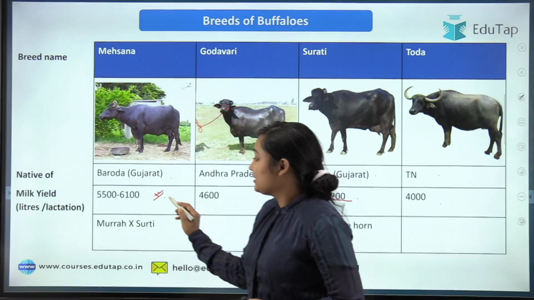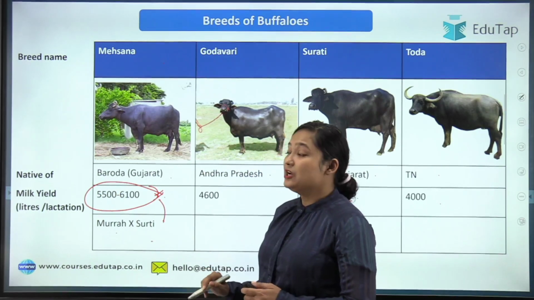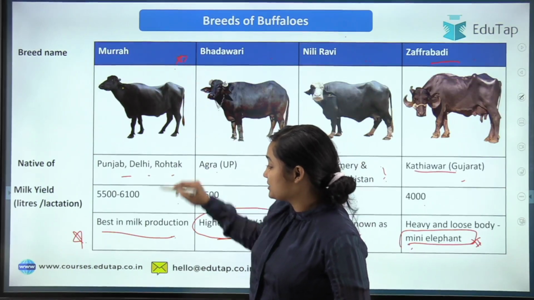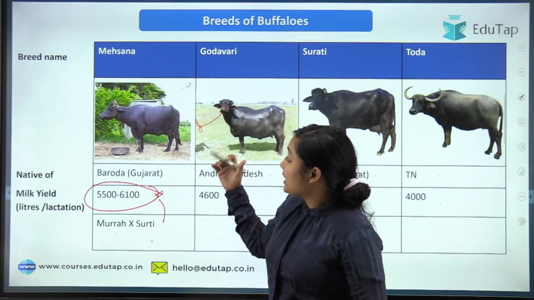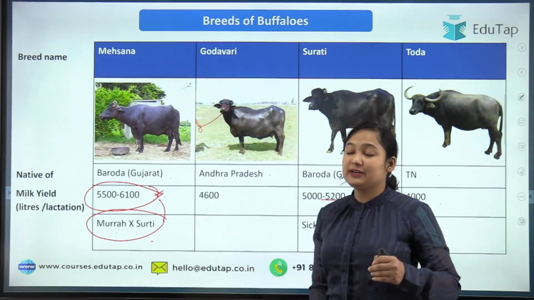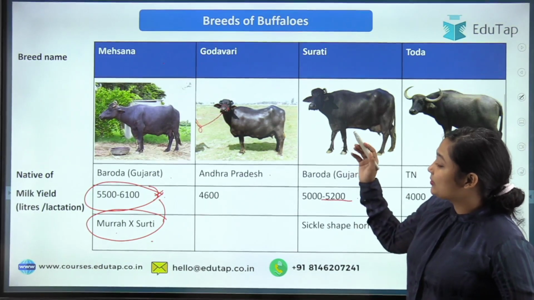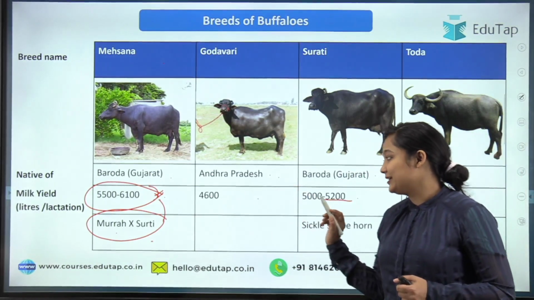Now what is important? Good quality of milk yield is there. Why? Because it's a cross between Murrah and Surti, and as we know milk production in Murrah was already there. So for other features we crossed it with Surti, and we got a milk yield of 5,500 to 6,100.